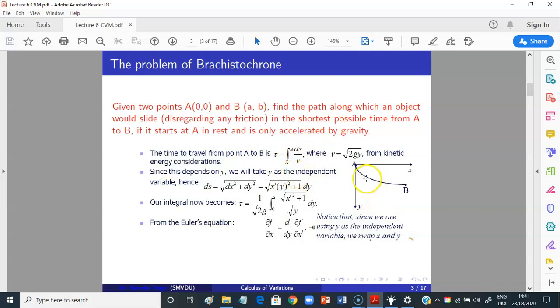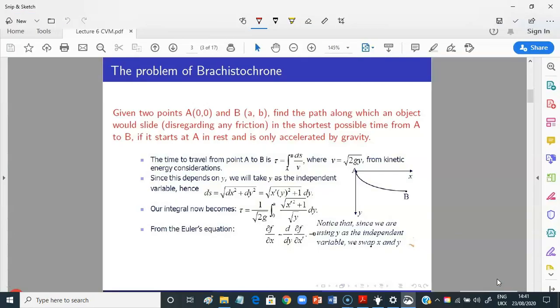So here if we consider a very small arc, the length of a very small arc, suppose this is here ds, let this part be a very small arc, let this be ds.